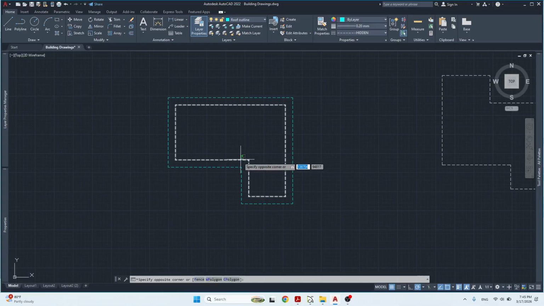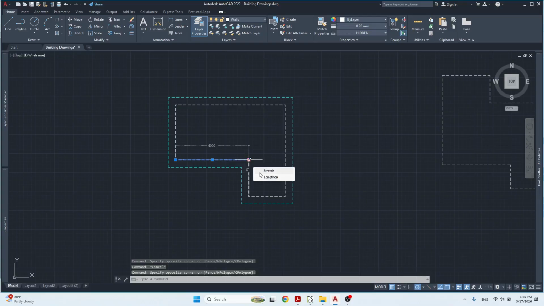So for example, let me just explode these. For example, I want to treat this like its own building. See, this entire thing, it won't come all the way down. We want to treat this as its own rectangle right here.